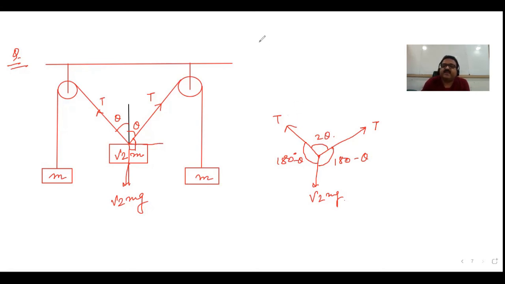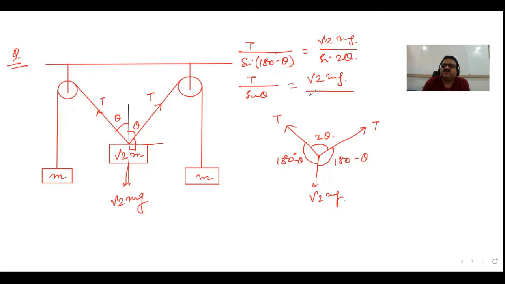So applying Lami's theorem, T by sine of 180 minus theta. Okay, same will come for this also, so I'm not doing that. So root 2 mg by sine of 2 theta. Clear? Now look at this T. Sine of 180 minus theta is sine theta. Root 2 mg by sine 2 theta, 2 sine theta cos theta.